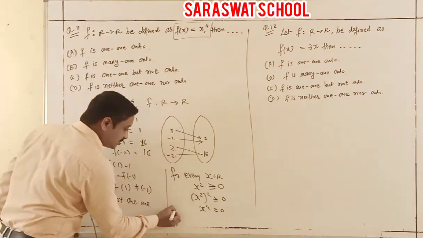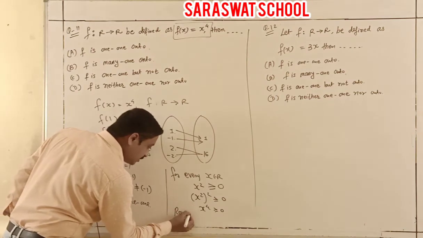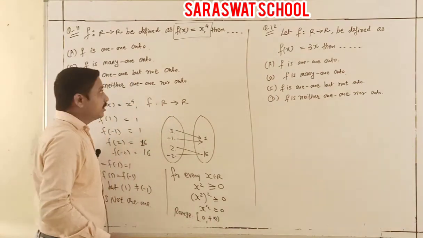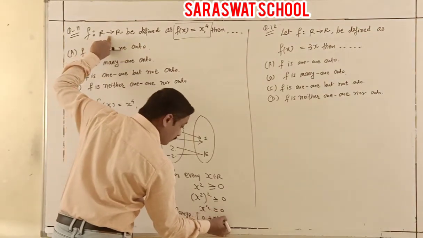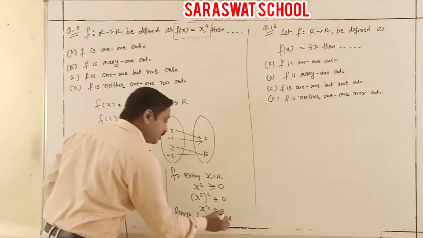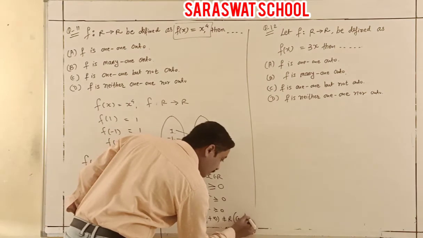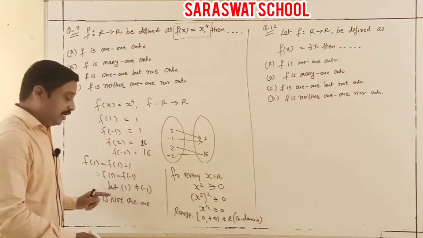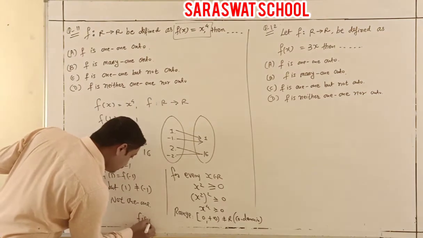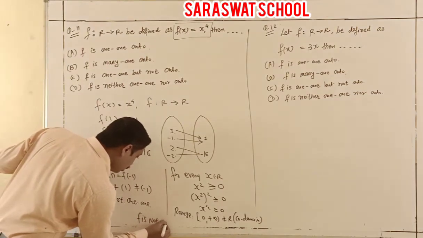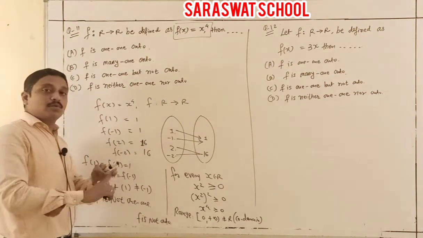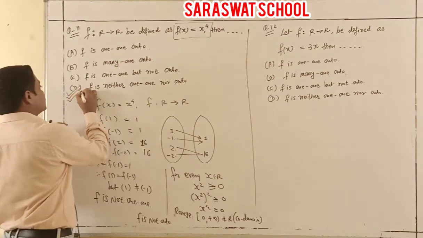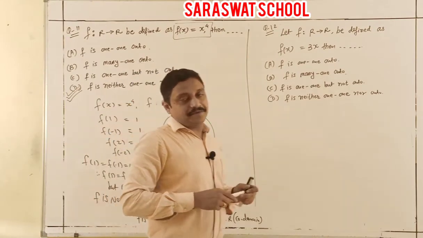It means your range is what? Range is closed bracket 0 to plus infinity, but it's never equal to R. So R is our codomain. They are not the same as our range. It means confirmably f is not onto. So not 1-1, not onto. f is neither 1-1 nor onto. Your answer is purely here given.